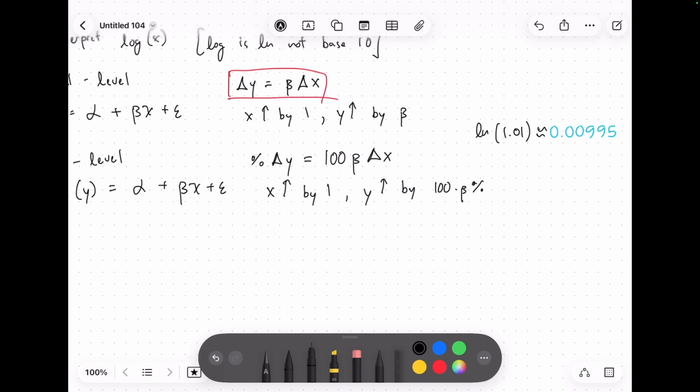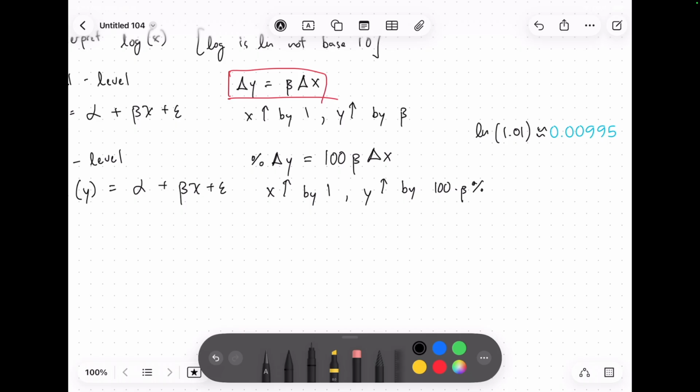So ln of 1.01, a marginal change in the value, is very close to 0.01. So you're basically saying if you natural log a marginal change of 1 unit in one direction, that change is about equal to 1%.